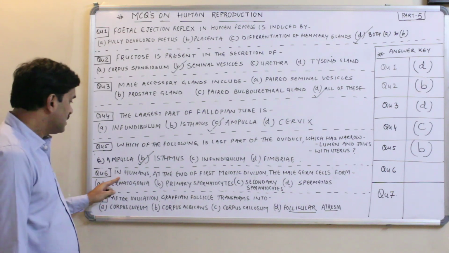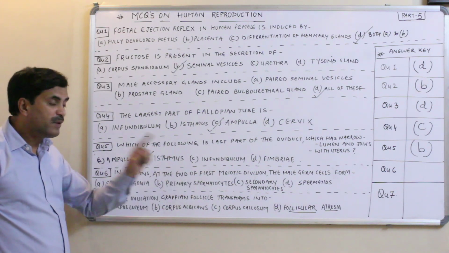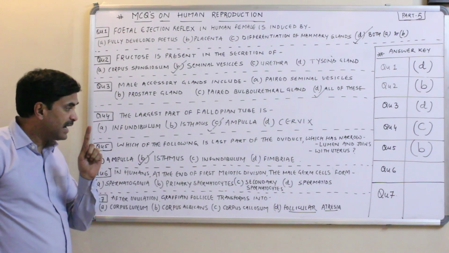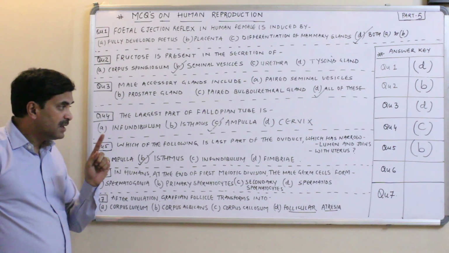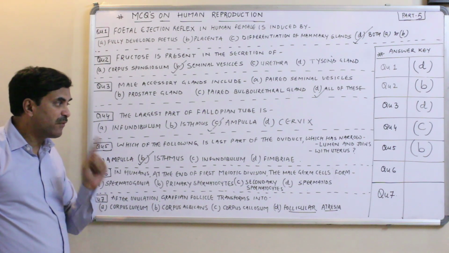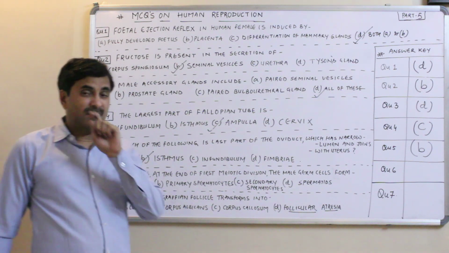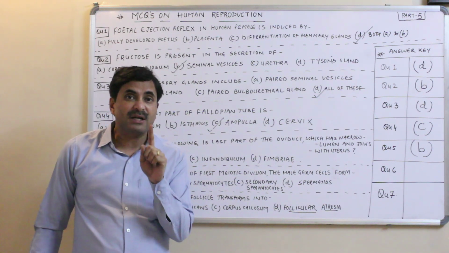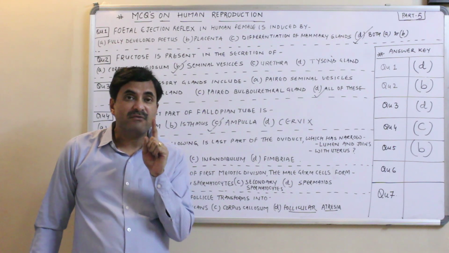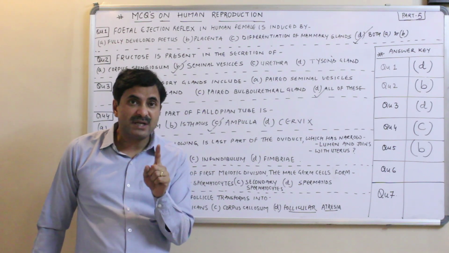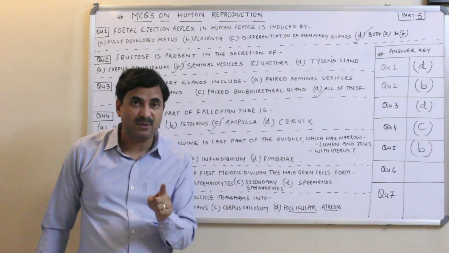Question number 6. In humans, at the end of first meiotic division, the male germ cells form. Always remember, when the first meiotic division occurs, then from primary spermatocytes, secondary spermatocytes are formed.